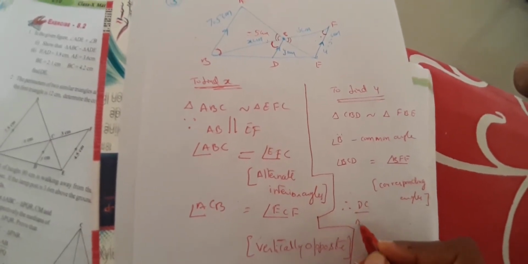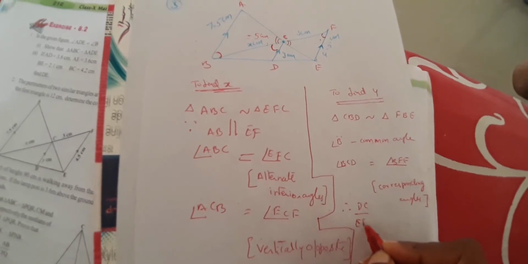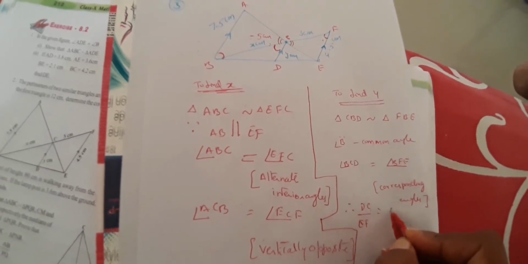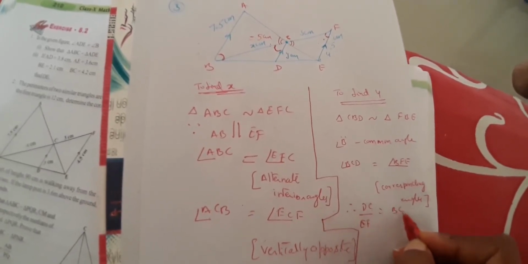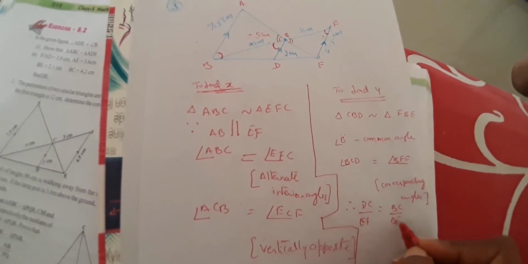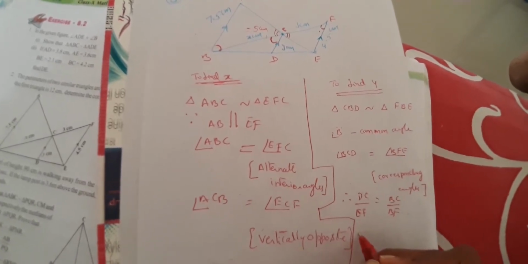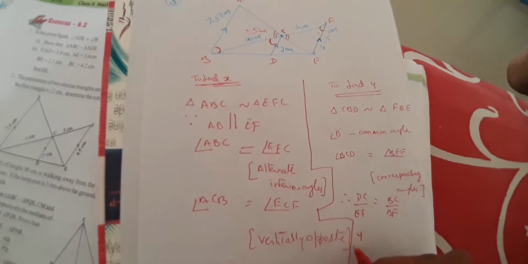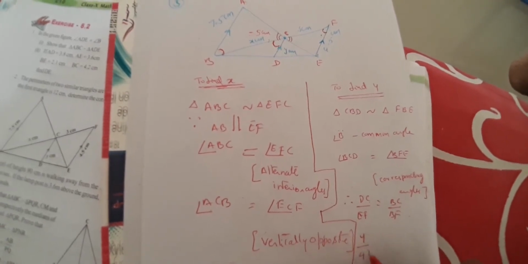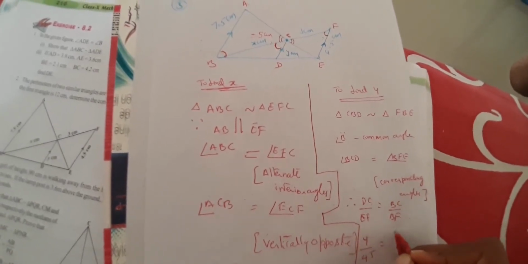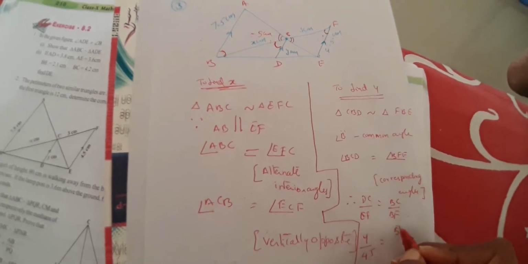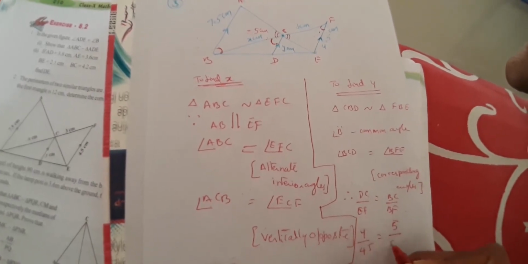So therefore DC by EF is equal to, right, BC by BF. That means DC, how much is DC? Y by EF is 4.5, which is equal to BC is, just now we have determined, 5 by 5 plus 3, 8.